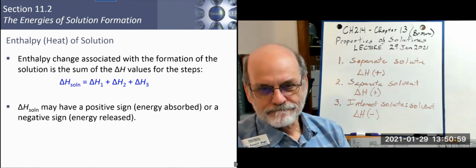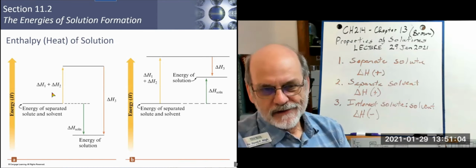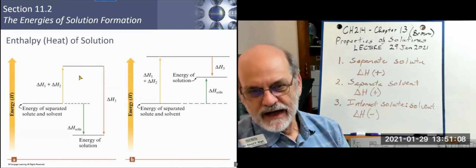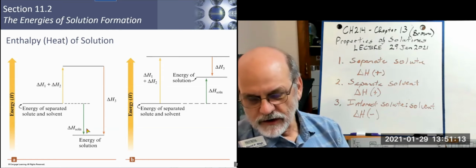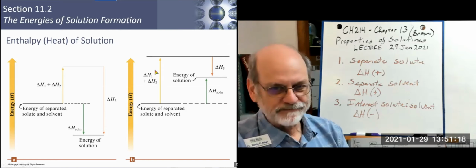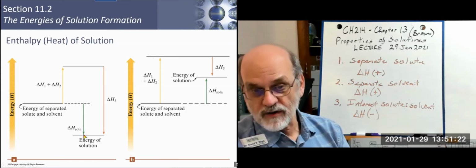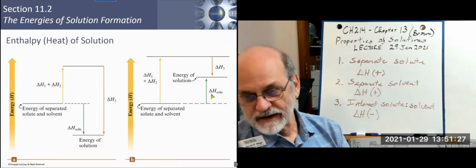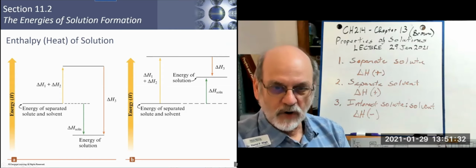And this is another way of expressing it. These two require energy input, and then you get energy back in this step. So overall, there's your delta H, your enthalpy of solution. And this is another possibility. If it goes down like that, you get energy back. It's exothermic. If the difference is up like this, then it's an endothermic reaction overall.